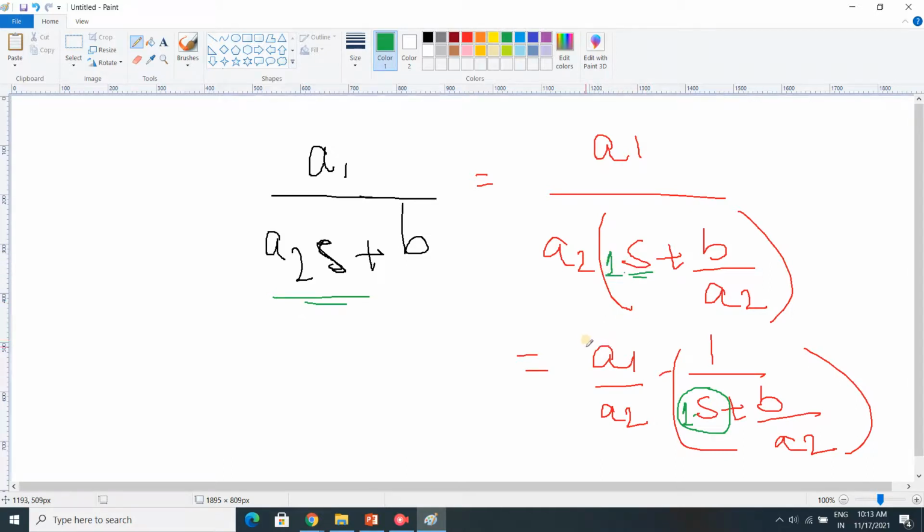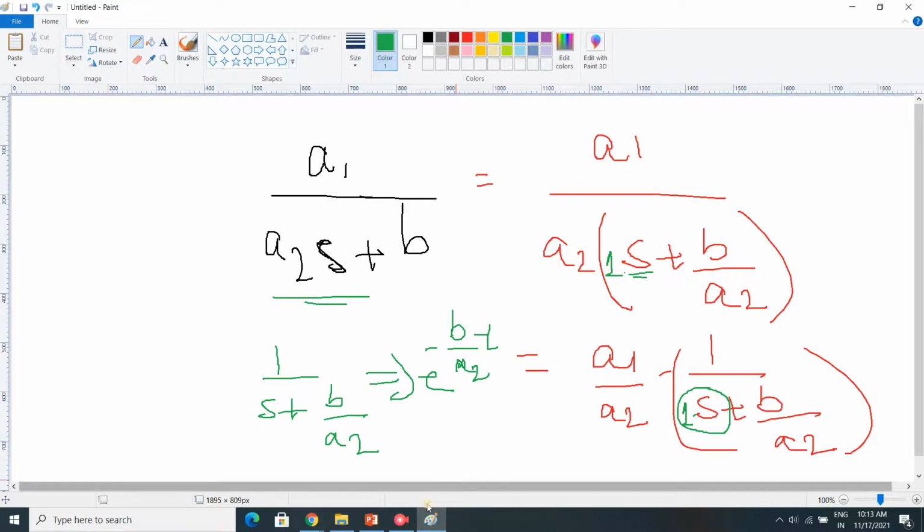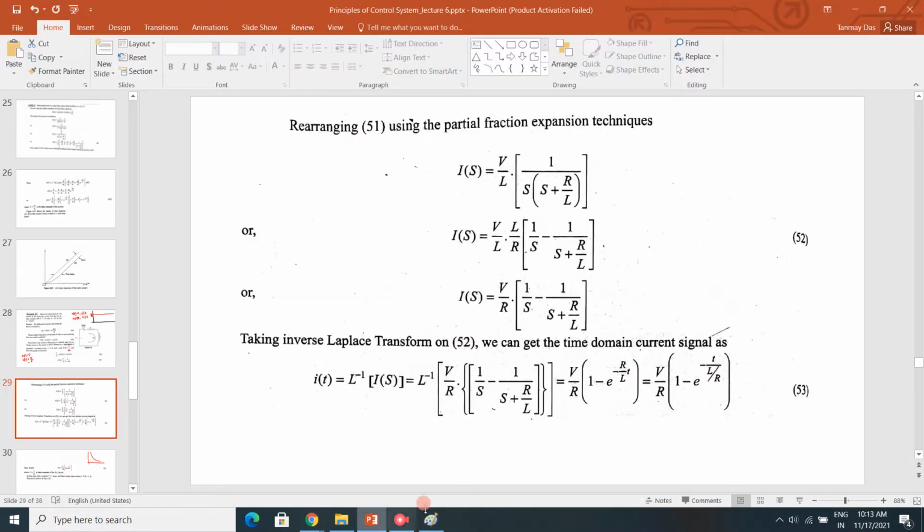We want to eliminate that, so that only 1 is multiplied with s. s should be single. This is the criteria for the first order system. Why? Because it is easier for us to find the inverse Laplace transform, which will be e to the power minus b by a2 into t. It becomes easier for us.